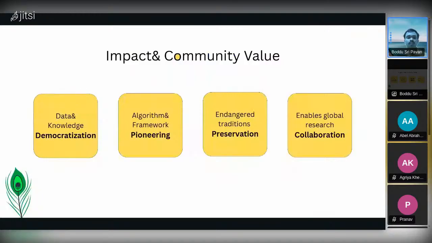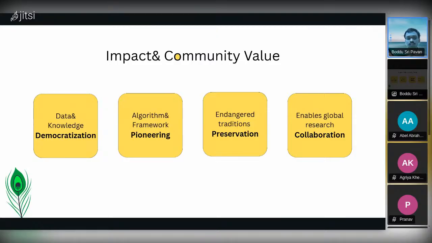Regarding the impact and community value, we have focused on four different areas. One is data and knowledge democratization. Before starting our work, I went through several websites. However, the data and the annotated Laghu Guru sequences are not available. So we spent almost 3 months collecting the datasets, annotating them by hand, and then verifying.